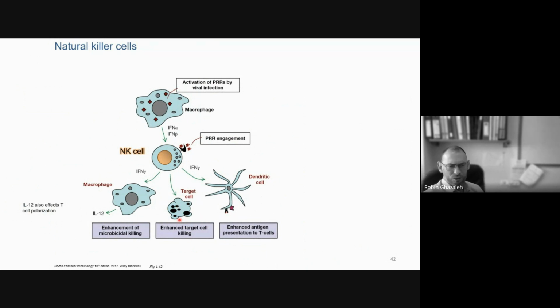And you might ask the question, if you think about it, there is a question here. If the cell is infected and it needs to undergo apoptosis, and if there is an intrinsic pathway, which we said there is, which goes via mitochondrial release of cytochrome C, then why do we need natural killer cells? Why do we need that?